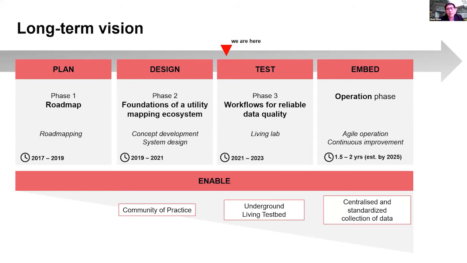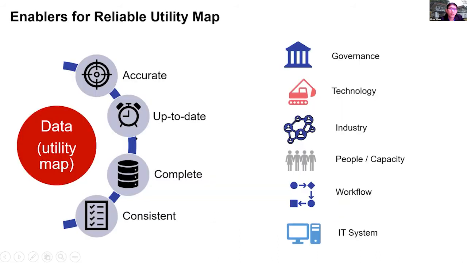And now we are in our third phase. We are looking at the workflow because we believe that there are many components that will contribute towards the reliable data. And of course, all the work that we are doing would be gearing ourselves towards the operational phase, which is the last phase after we finish our third phase.